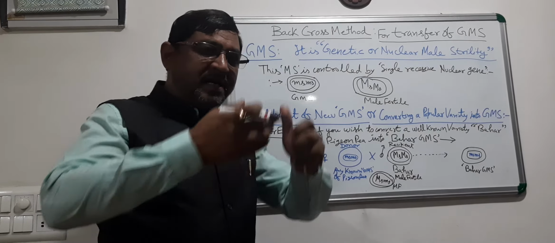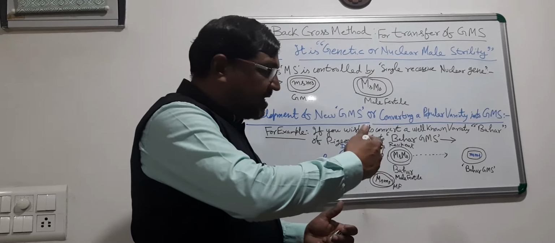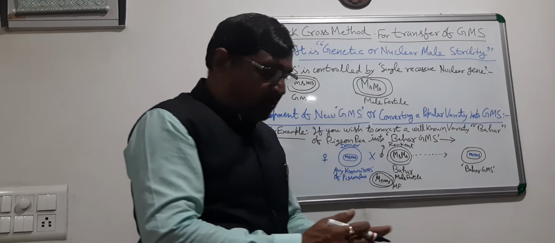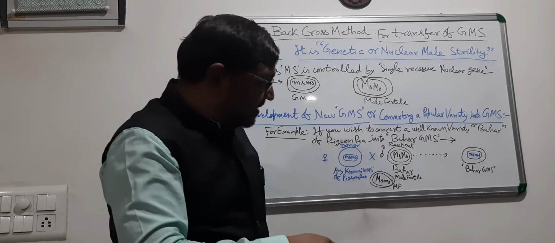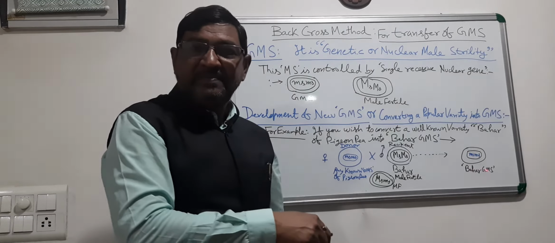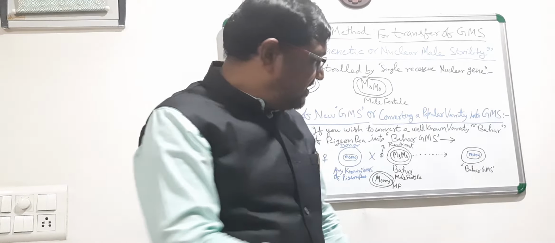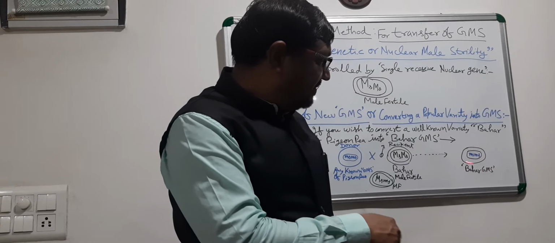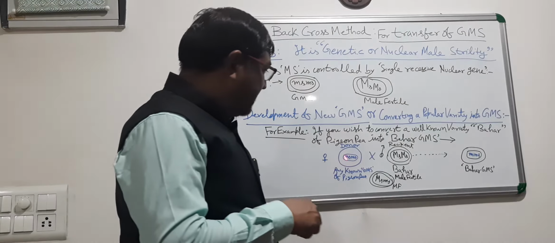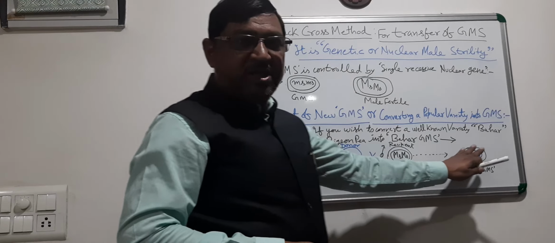Similarly you carry forward these progenies, backcross, selfing, backcross, selfing, and then you come to this position. Finally you have converted this Bahar into Bahar GMS. So all the genes of Bahar are intact in this line, with the added gene small ms. So this will be male sterile.